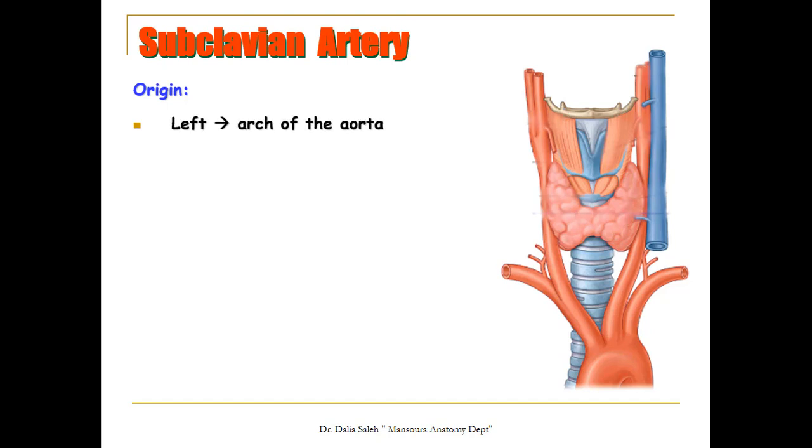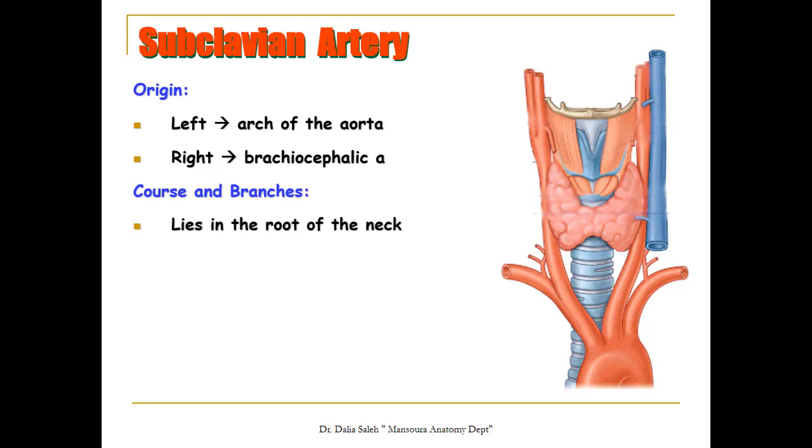The left one will arise directly from the arch of the aorta here, lateral to the left common carotid, and the right one will arise in common with the right common carotid from this trunk, which is called the brachiocephalic trunk or brachiocephalic artery.